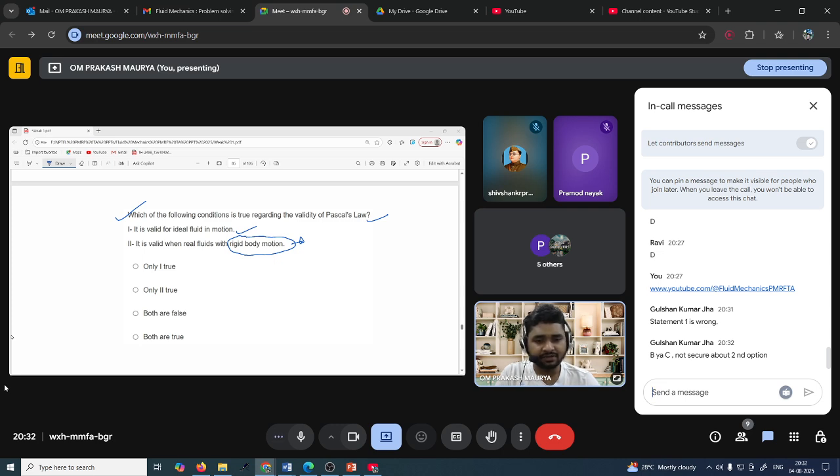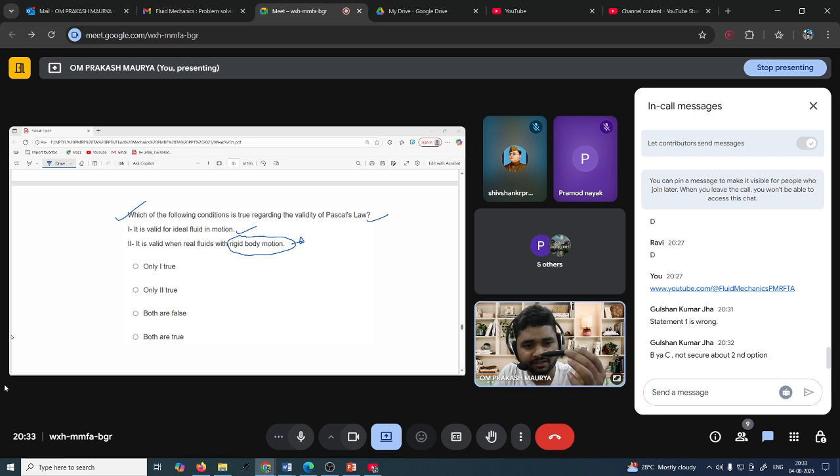So let me give you a hint. Rigid body motion means all fluid particles have the same velocity. This is the rigid body motion condition. Let me show you, this is a rigid body, this is a pen, whether it is visible or not.